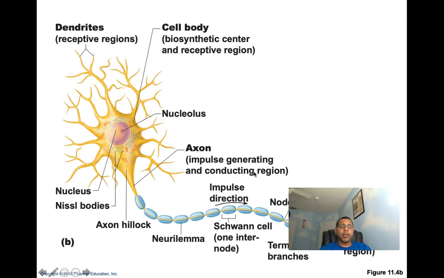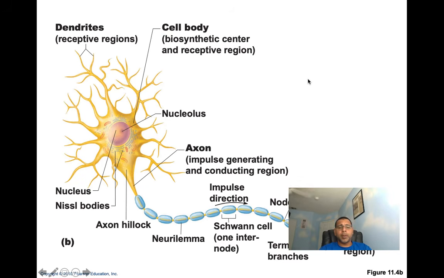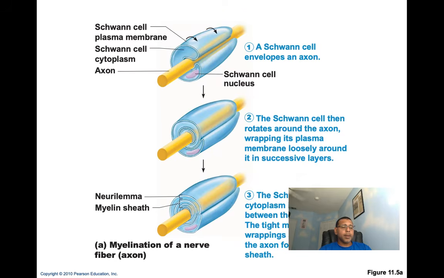So here you can see how they produce myelin, as you can see from this view as well. Here we've got the Schwann cells. They produce the myelin sheath. The Schwann cell is going to basically encircle one segment, and once it encircles the segment, it continues to produce these concentric circles, wrapping around. Basically, you can see the plasma membrane.